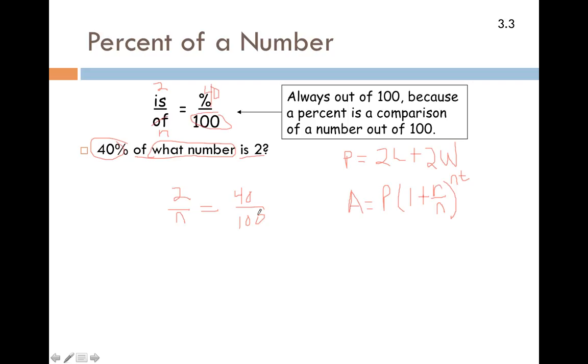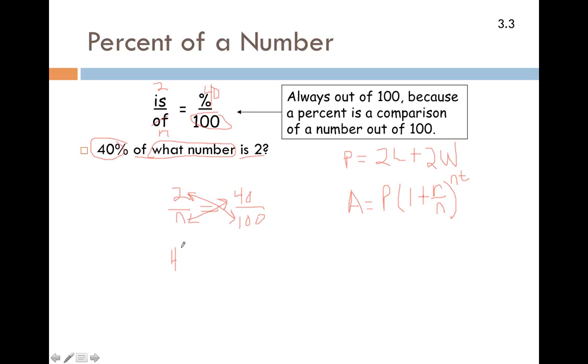What math concept can we use moving forward to solve for n? Cross multiplication. Excellent. So we can use cross multiplication to finish this off. We multiply here, then we multiply here. A lot of you came up with the right answer, and that was excellent.